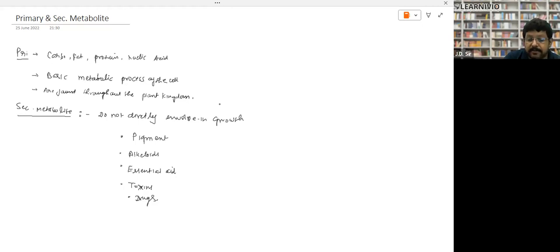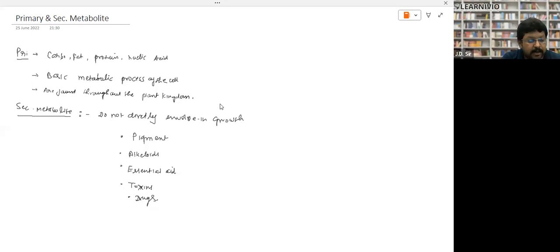And seem to have no direct function in growth and development of plant.